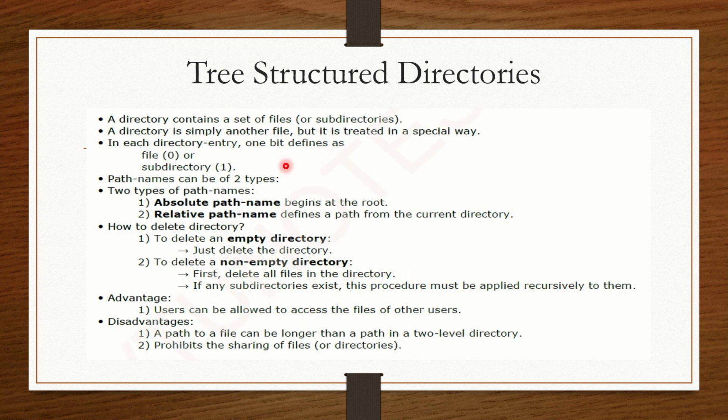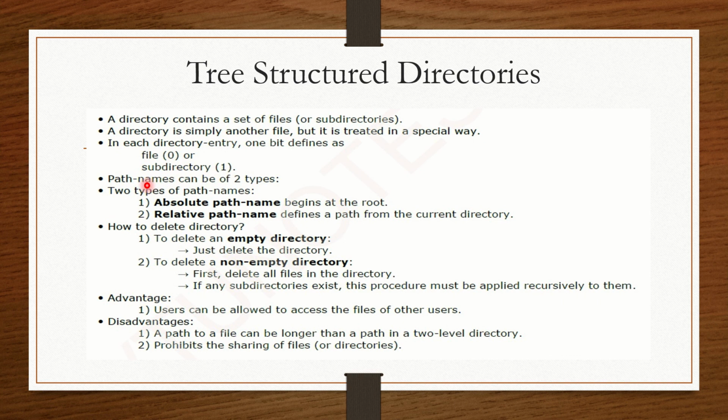Next, inside the tree structure directories, a directory contains some set of files or subdirectories. A directory is simply another file, but it is treated in a special way. In each directory entry, one bit, a 0 bit, defines it as a file, and bit 1 denotes it as a subdirectory.